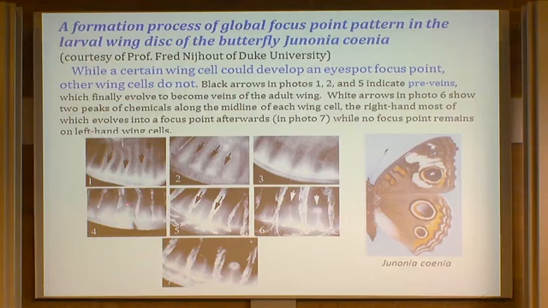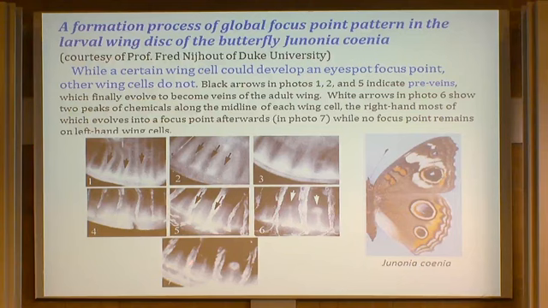Finally, we could find 2 candidates for the eye spot focus, but the left-hand one disappeared and the right-hand one just remained. This one becomes the eye spot focus point on the adult wing. So the problem is why this cell developed an eye spot, but this cell doesn't develop any eye spot. This is an unsolved problem, I think.